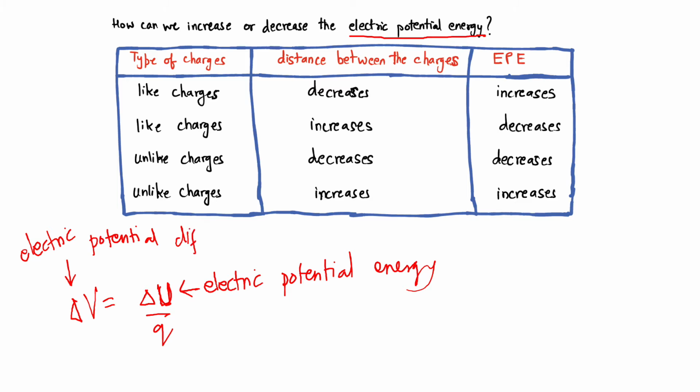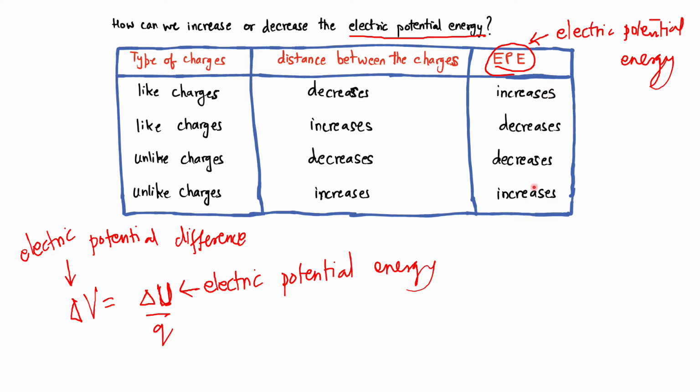Okay, now if we want to increase electric potential energy, this EPE is short form of electric potential energy. So we can think of increasing electric potential energy or decreasing electric potential energy.